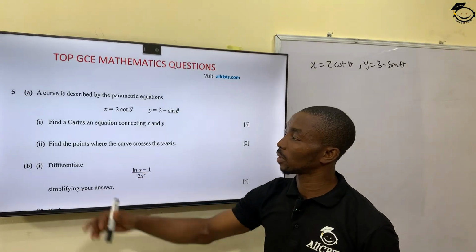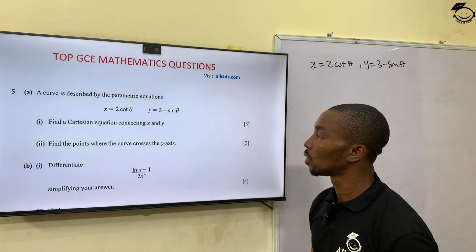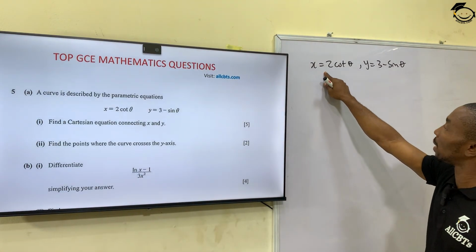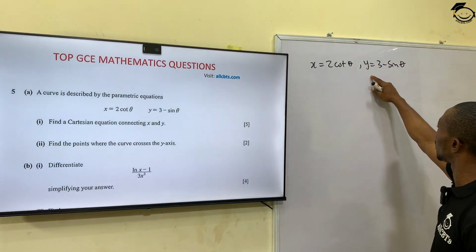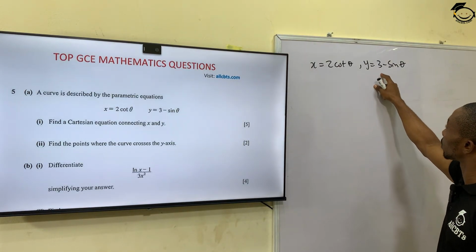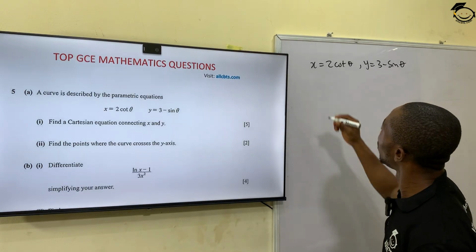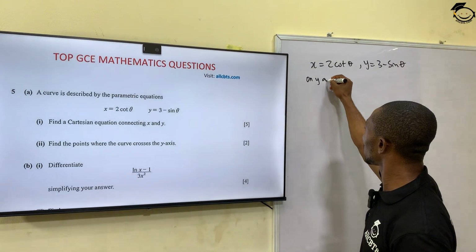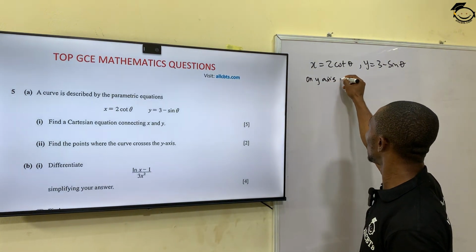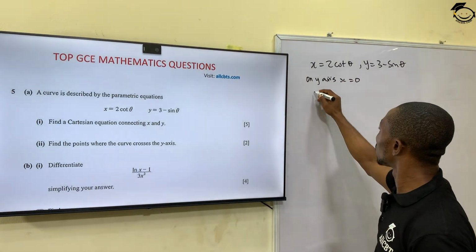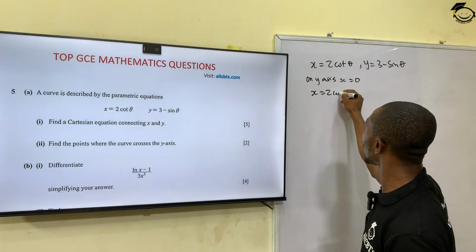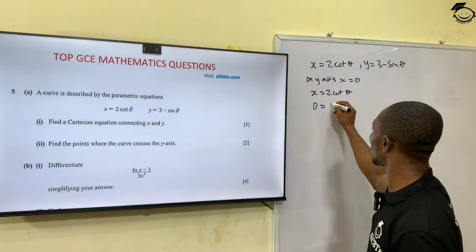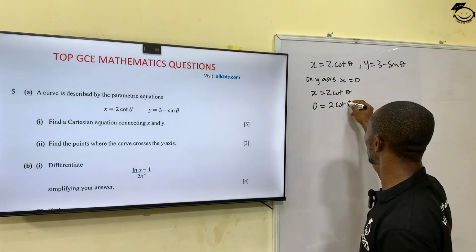Now, to the second aspect of the question, it says find the point where the curve crosses the y-axis, on x equals 2 cos theta and y equals 3 sine theta. Now, we know that on our y-axis, x equals 0. So this becomes x equals 2 cos theta. Okay, so this is 0 equals 2 cos theta.